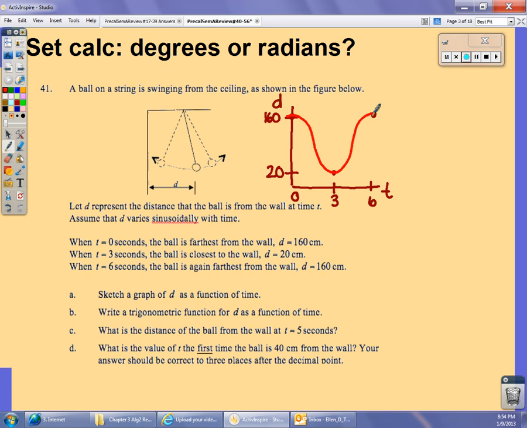Now, our maximum, according to this cosine function, is 160. Our midline is halfway between 20 and 160, which would be 90.